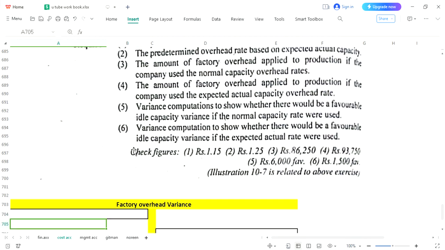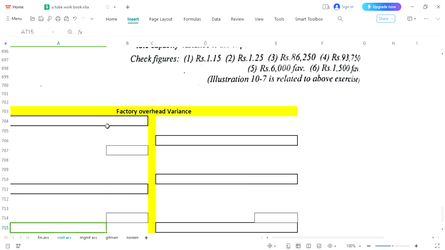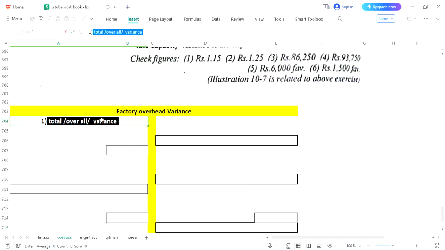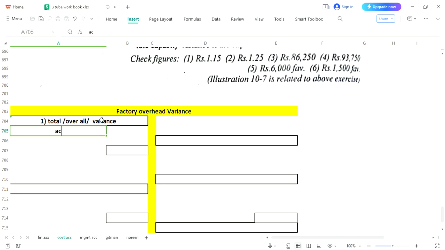Like what we used to have is our first calculation. We calculate total variance over here, which is the relationship between actual FH and applied FH. Then you calculate your variance, which is the difference between actual and applied FH.